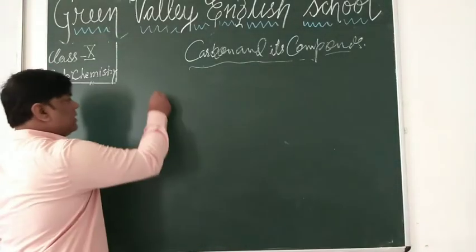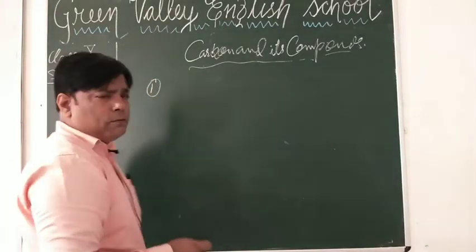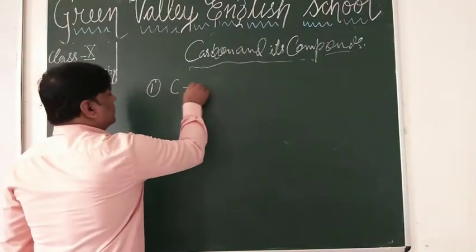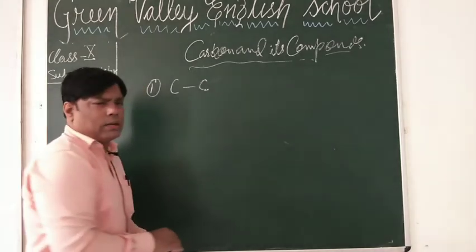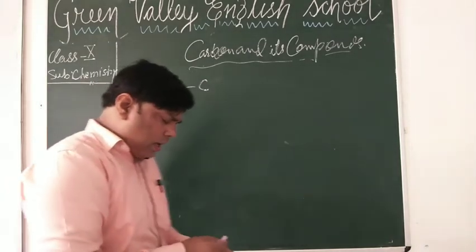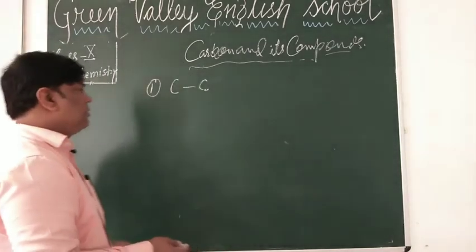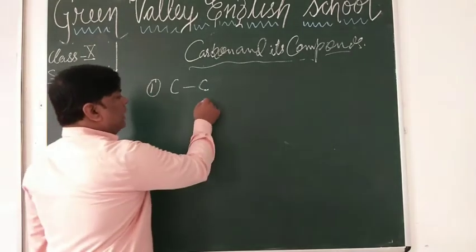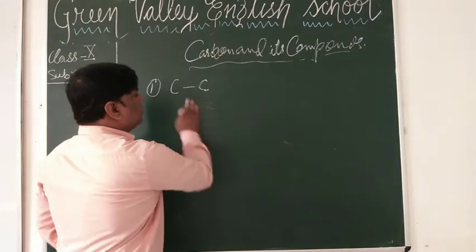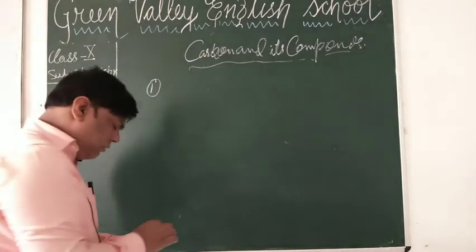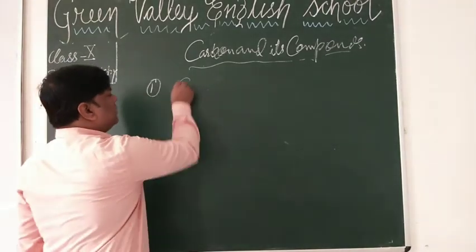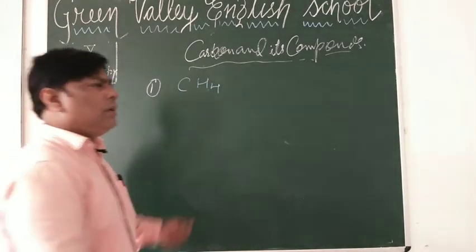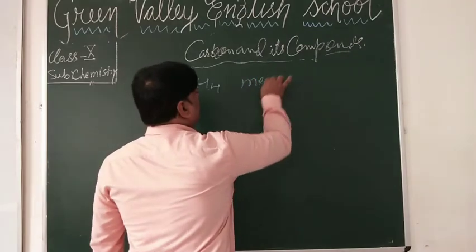So first case is single bond between carbon and carbon, means single bonded hydrocarbons. Suppose that we have a compound named methane, CH4, that is our alkane, methane.